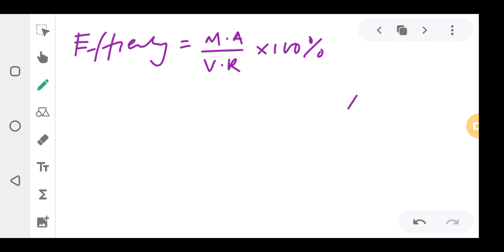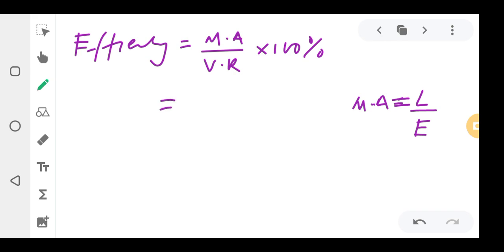Remember that formula. Mechanical advantage is equal to load over effort. This is a formula that has got a load in it. You need these two to be able to calculate this. That's the only way. So we're looking for the effort.